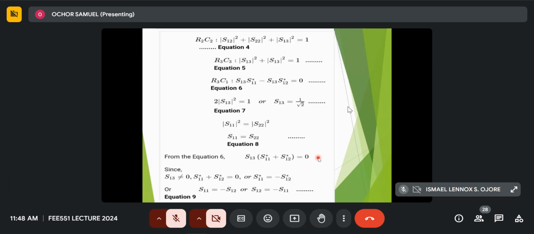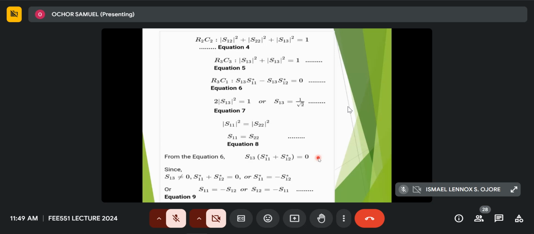Next, if we take row 2, column 2, we are going to have equation 4. If we take row 3, column 3, we are going to have equation 5. And to eliminate some terms, or to get the exact value of a certain element, we can use row 3, column 1, and we are going to have equation 6, and then if you work out equation 6, we are going to get equation 7.